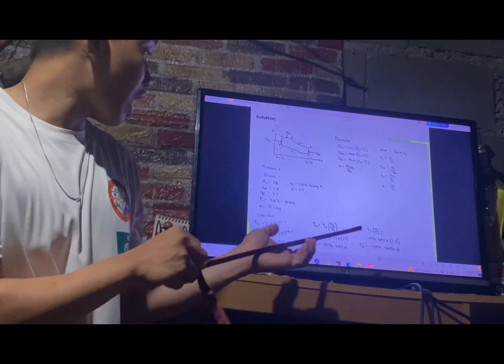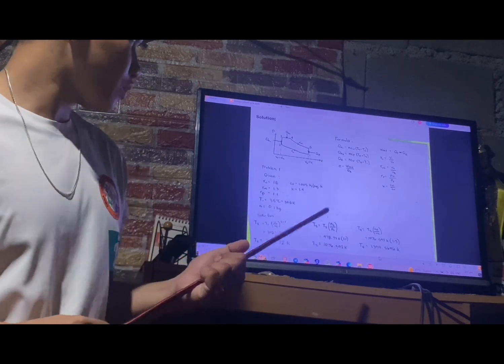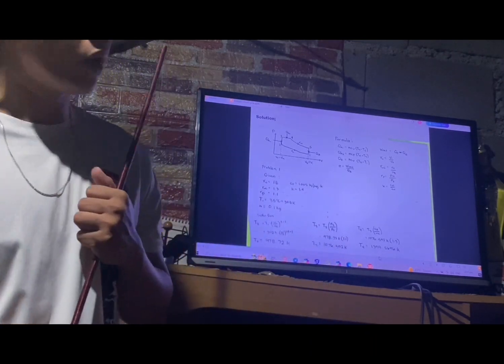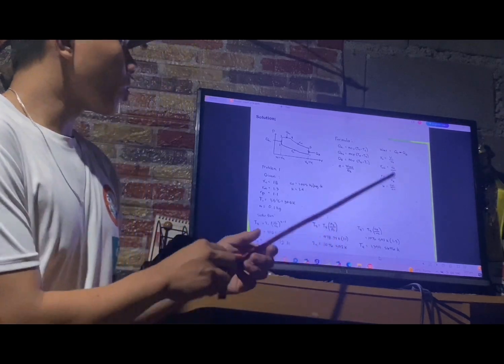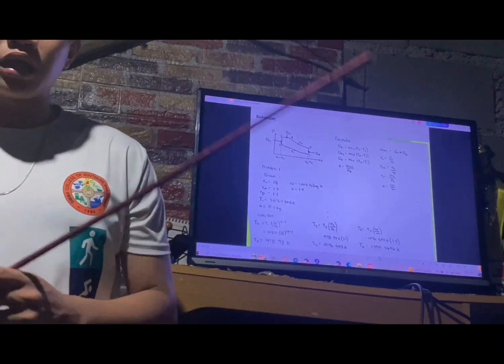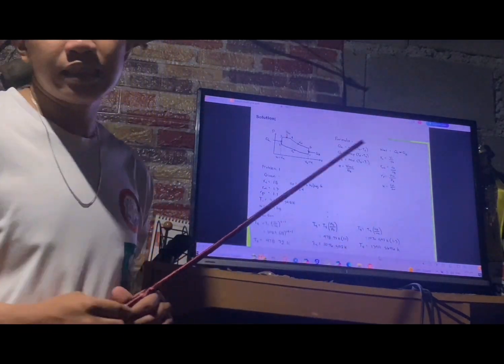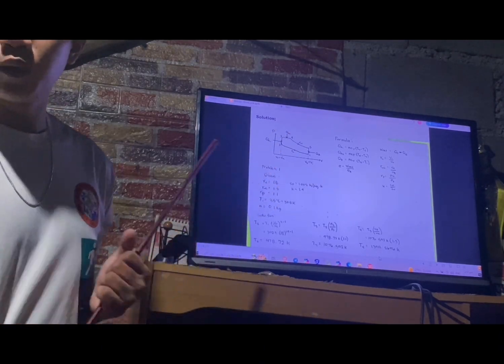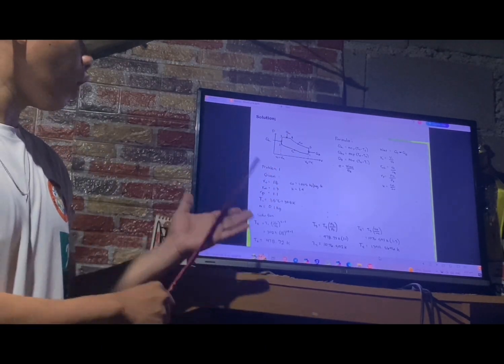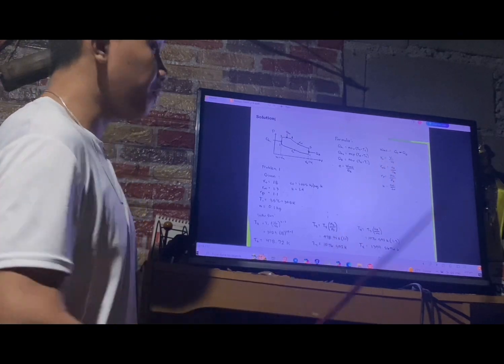978.72 Kelvin times 1.1. If you wonder where this 1.1 came from, let's go back to this formula. The pressure ratio is equal to P3 over P2, and the problem stated the value of this ratio. So 1.1 is equal to P3 over P2.